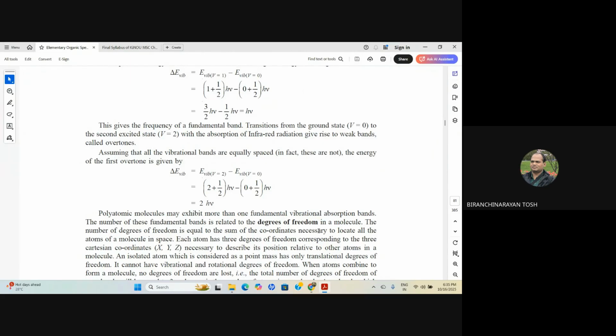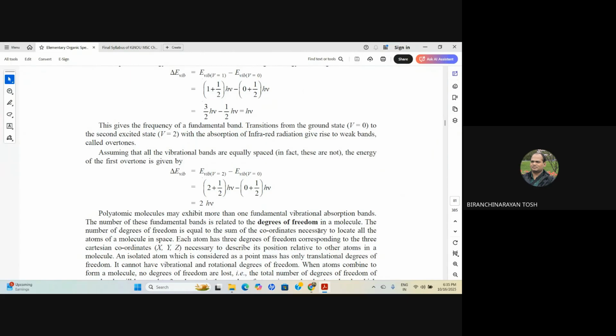So the translational motion will be expressed by 3 degrees of freedom, and moreover it will have vibrational degrees of freedom if it vibrates through its mean position, and it will have one rotational degree of freedom.